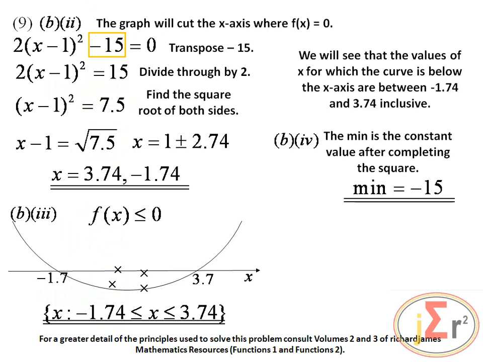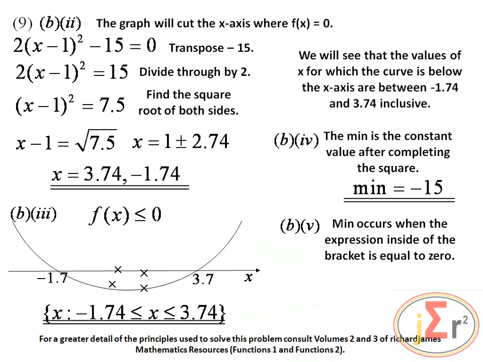So the minimum is negative 15. The minimum occurs at the value of x when the expression inside of the bracket is equal to 0. The expression inside of the bracket is x minus 1, so x minus 1 is equal to 0. The value of x is equal to 1.